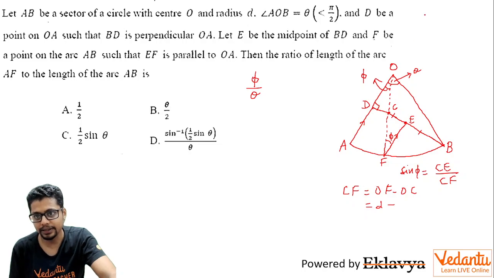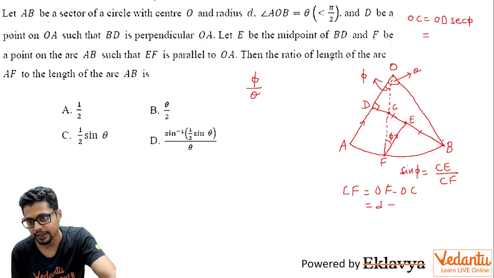You may say OC is essentially OD sec phi, and OD is essentially d cos theta. So what you have is d times 1 minus cos theta sec phi. So OD is d cos theta, so this essentially becomes d cos theta times sec phi, which is what OC is. So you get CF as d times 1 minus cos theta sec phi.